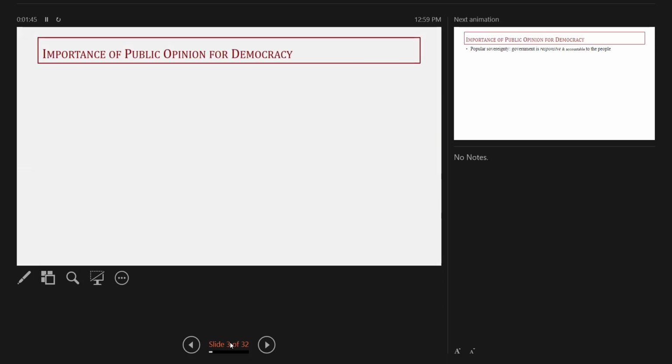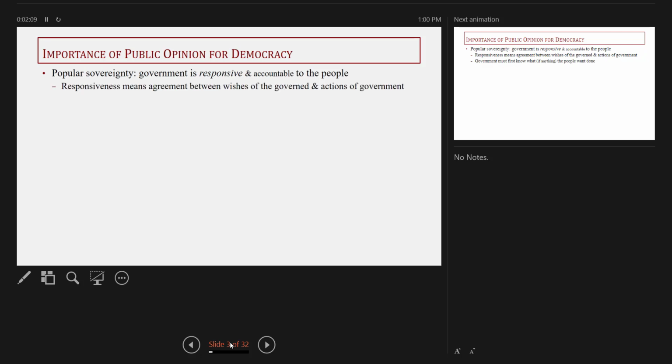So, what is public opinion? Well, let's have a little context first, because public opinion plays a very important role in democracy because of its close relationship to the democratic principle of popular sovereignty. If you'll recall, popular sovereignty just means that in a democracy, government needs to be responsive and accountable to the people.